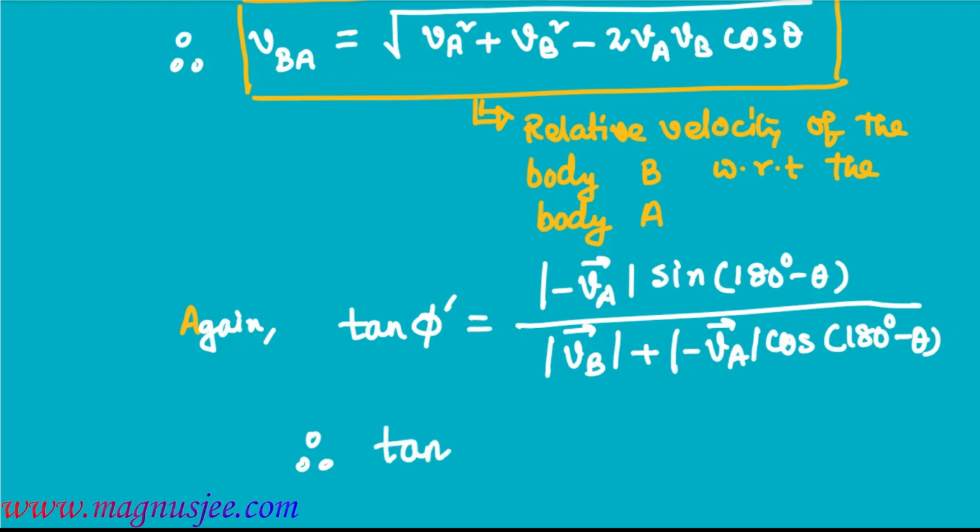Therefore, tan phi dash is equal to VA sin theta divided by VB minus VA cos theta.